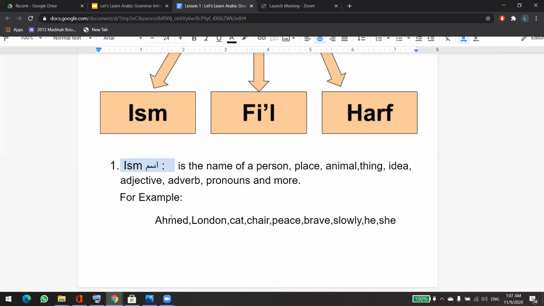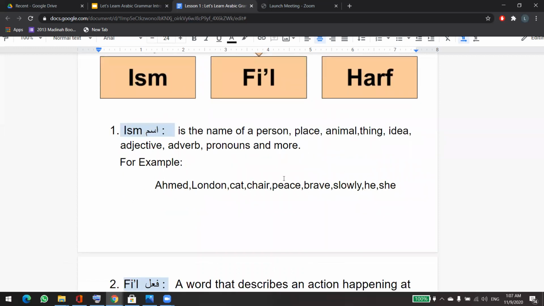Examples can be the name Ahmad, the name of a person, and a place, London, cat, hair, chair. Peace is obviously an idea, and brave is an adjective, slowly is an adverb.